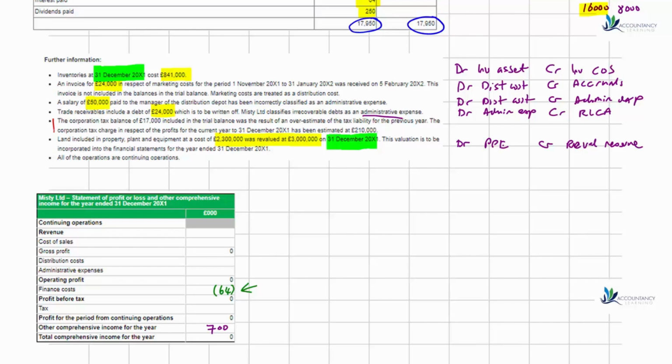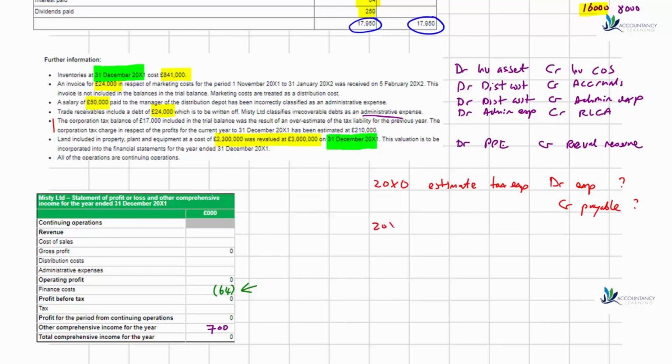Okay, so what's going on here? Let's go back to the previous year, to 20x0. So we would have estimated our tax expense. So we would have debited the expense with some number and credited the payable with some number.